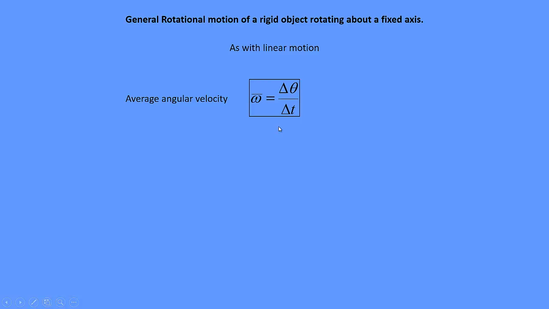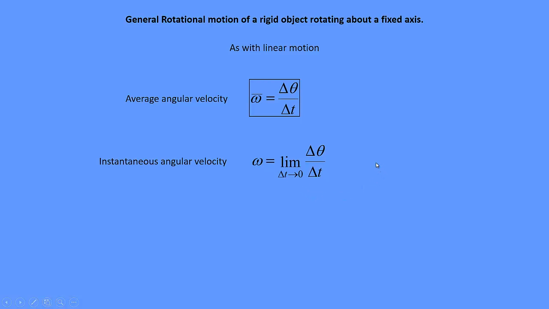If we want the instantaneous value, we have to, of course, shrink the time interval, which will make the chord a little bit better, a little bit better, until we get to the slope of the tangent line, which would be the actual instantaneous angular velocity at that time. Mathematically, that means we need to take a limit of delta theta over delta t as delta t approaches 0.